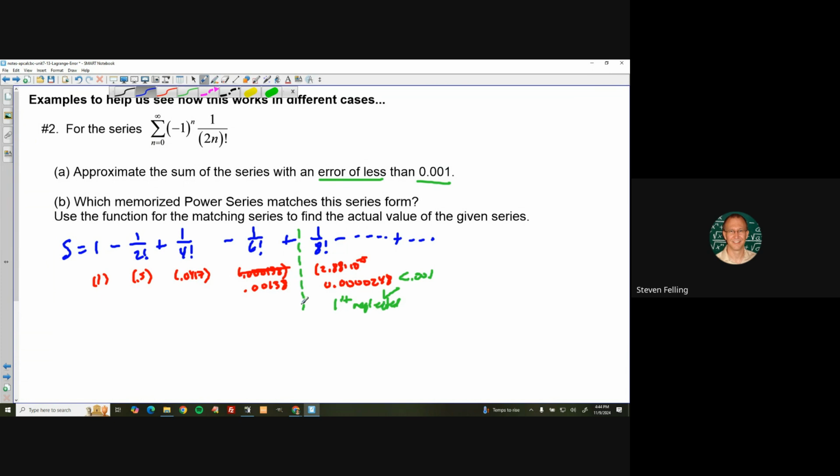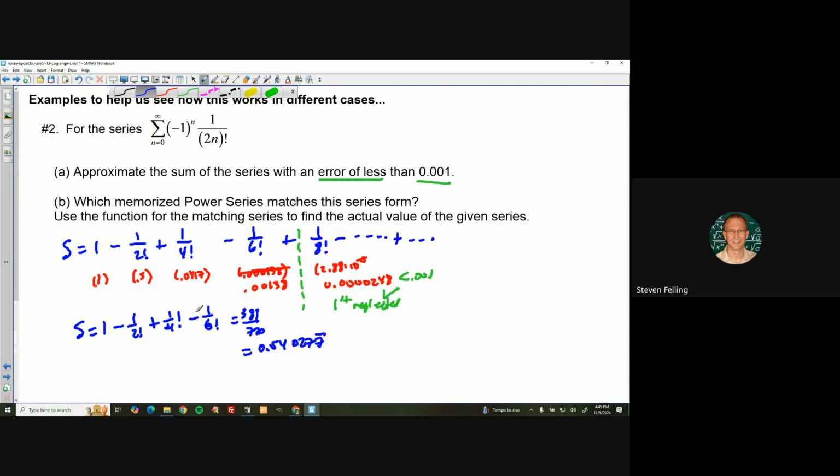So we're going to truncate here, which means we're just going to use this as the approximation: 1 minus 1 over 2 factorial plus 1 over 4 factorial minus 1 over 6 factorial, which if you plug it into a calculator ends up being 389 over 720, or in decimal, 0.5054027 repeating. All right, so that's an approximation. We have to go up to the 1, 2, 3, 4th term in this series.